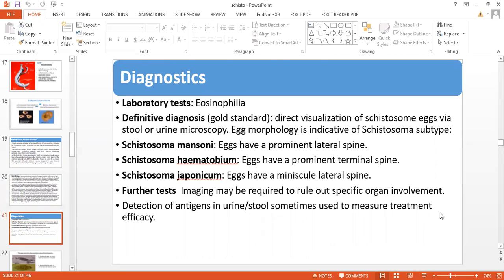The mansoni eggs have a prominent lateral spine, while haematobium, which causes urogenital schistosomiasis, has eggs with a prominent terminal spine, while japonicum has a lateral spine. Further tests we can do include imaging, which may be required to rule out specific organ involvement, while detection of antigen in urine or stool may sometimes be used to measure treatment efficacy.